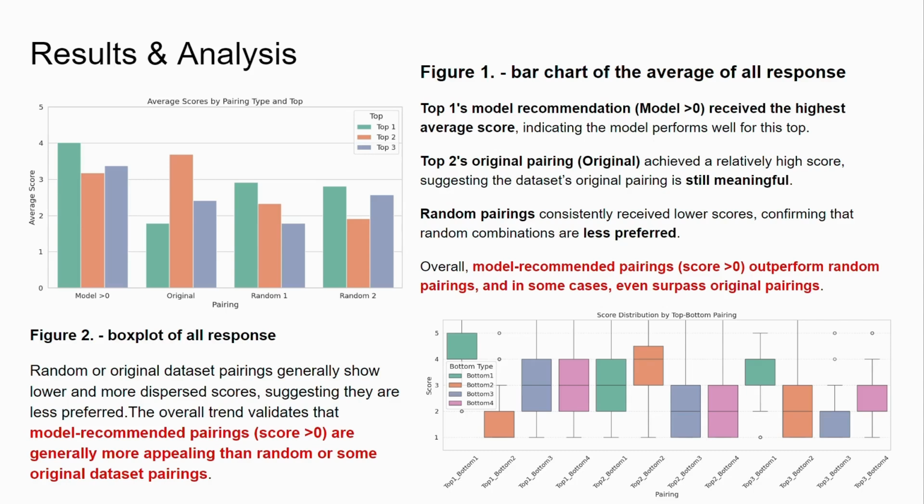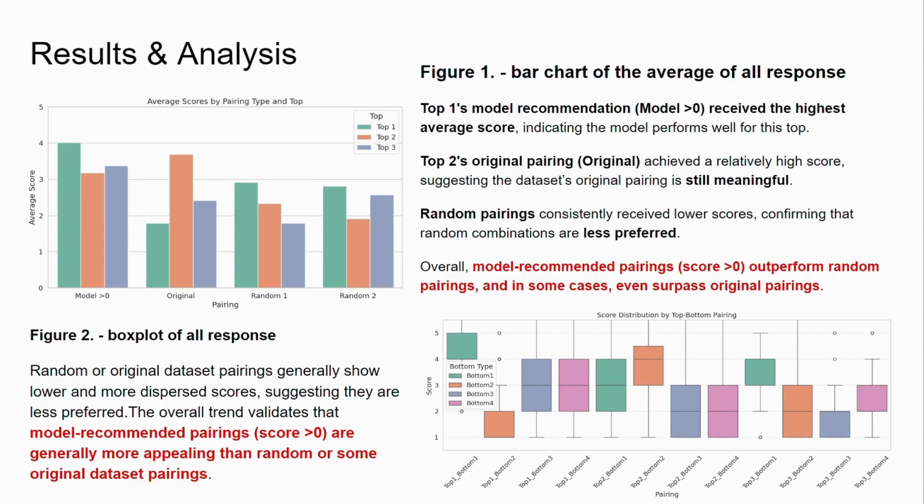What stands out here is that the model's recommendations not only scored higher, but also had a more consistent range, while the random combinations had lower and more scattered scores. This tells us that the model's recommendations are not only better, but also more stable. So in summary, our model doesn't just generate reasonable outfit combinations. It can actually outperform the original pairs from the training data in some cases.